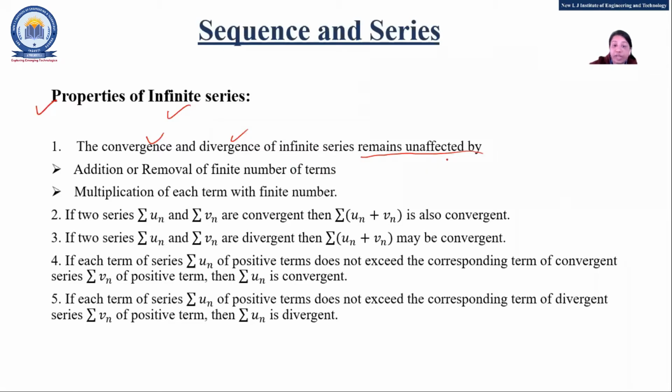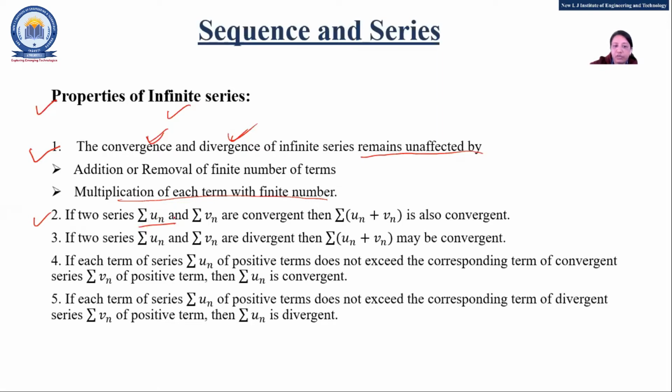Same way, if you multiply each term by some number, the values may change, but the convergence and divergence will not change. That is the meaning of point number 1. Now point number 2: when you are writing series, it is sigma, okay?